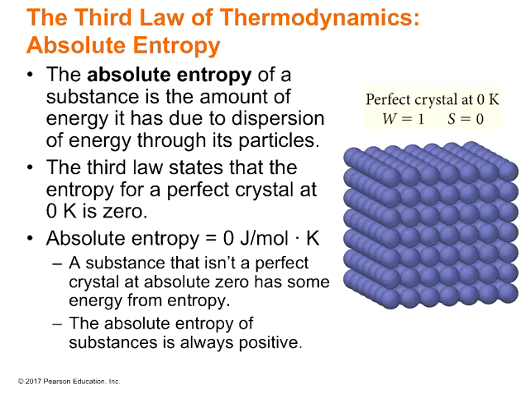All right, now let's focus a little bit on the third law of thermodynamics. And earlier we said that the third law of thermodynamics tells us that the entropy for a perfect crystal at 0 Kelvin is 0. So we call this the absolute entropy.